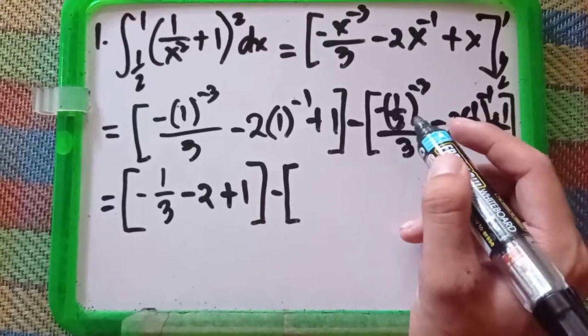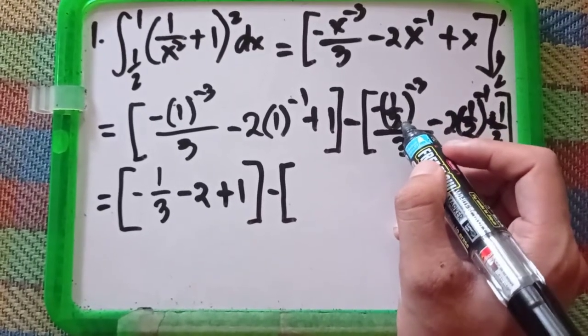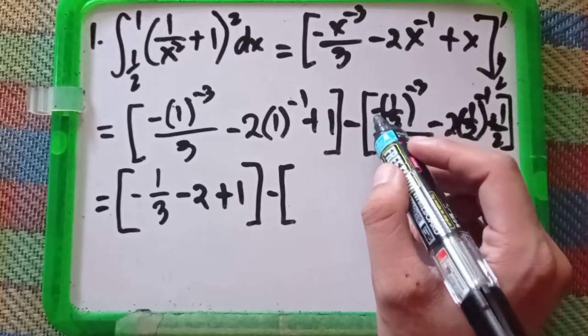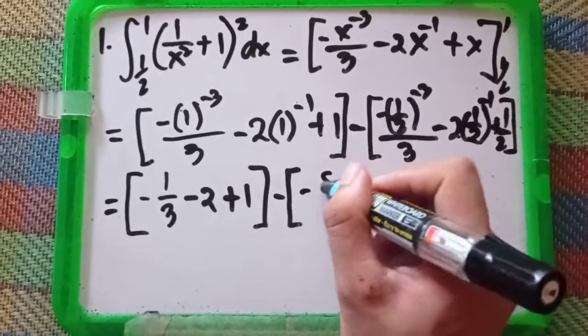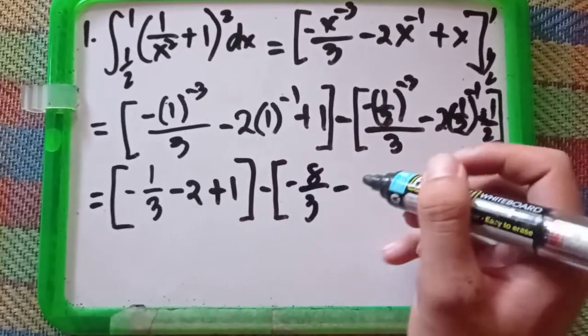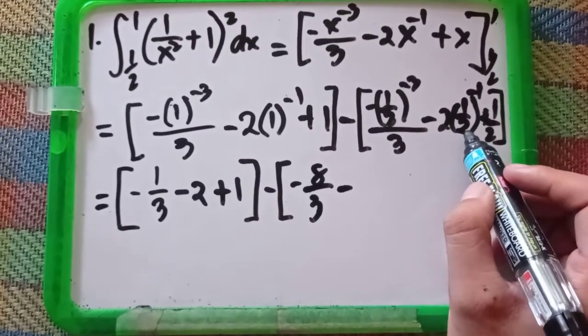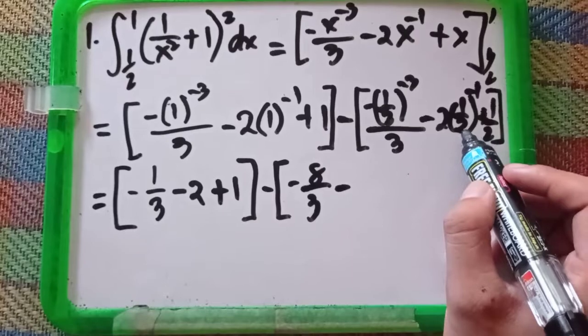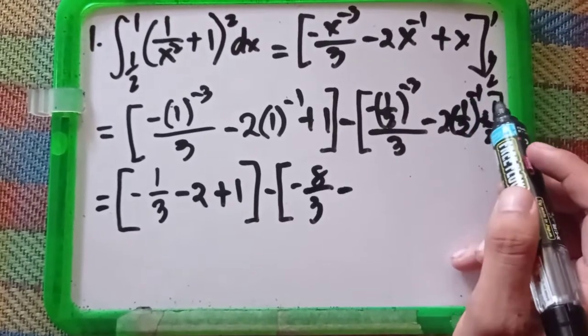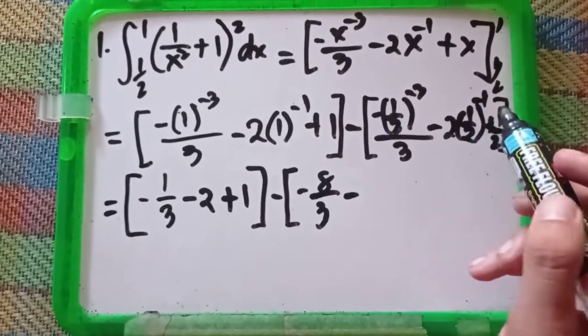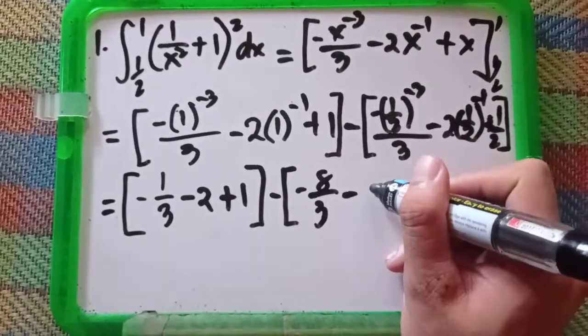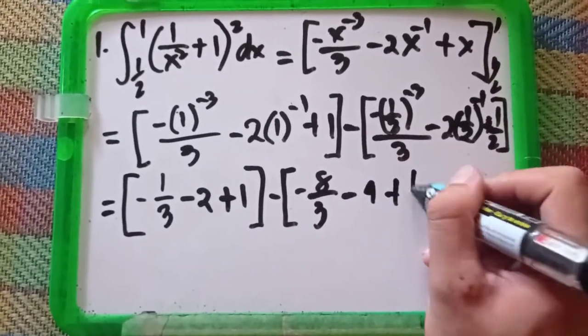So this will be 8 times negative, so magiging negative 8 over 3 minus, magiging reciprocal na naman, or magiging 2 kasi negative 1, 2 times 2 is equal to 4 plus 1 half.